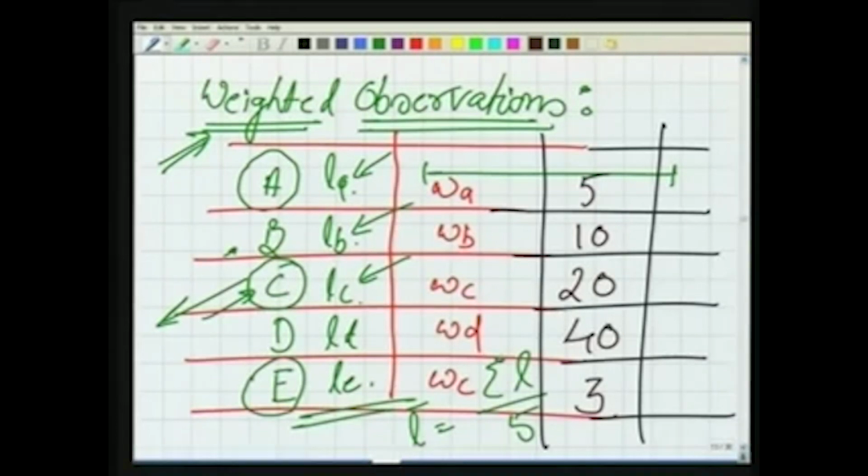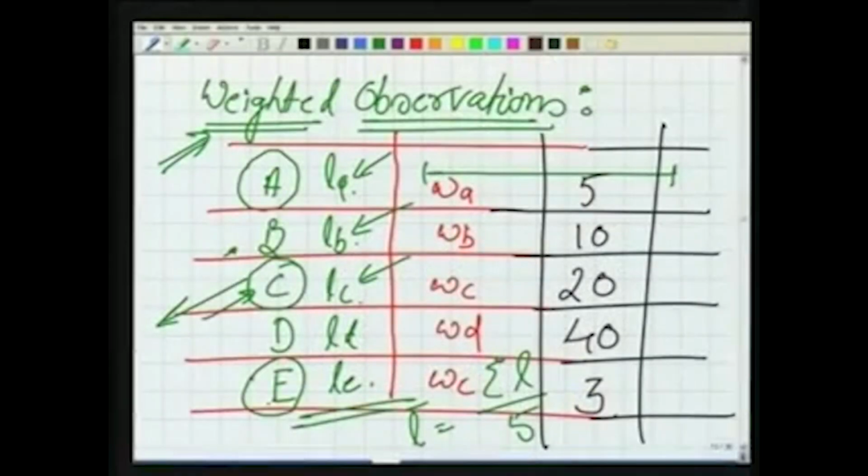Let us say it is given to you that all these observers A, B, C and D are equally sincere and they have done the observations of the same line different number of times.